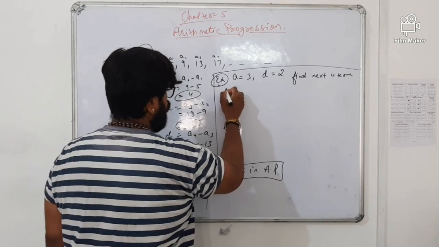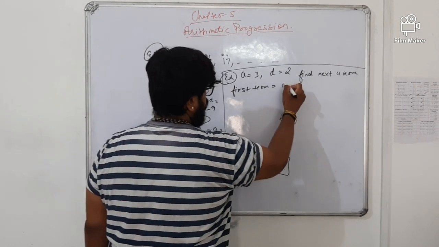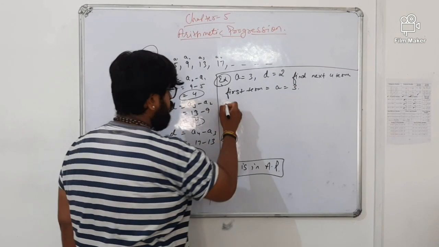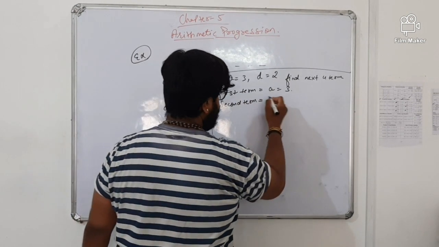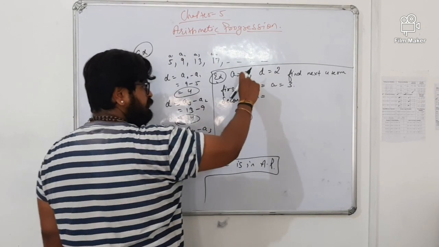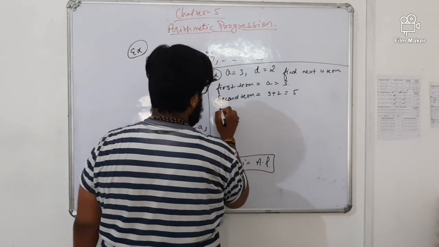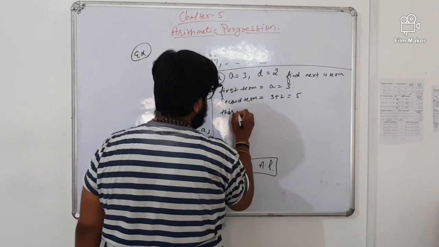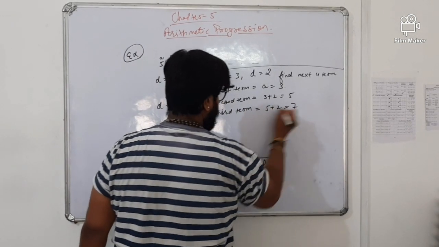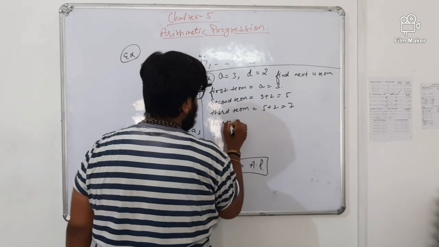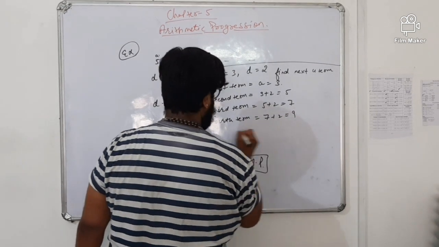Suppose this is the first term, so the first term a is equal to 3. Second term: just add the common difference to the first term, so 3 plus 2 is 5. Third term: 5 plus 2 is 7. Fourth term: 7 plus 2 is 9.